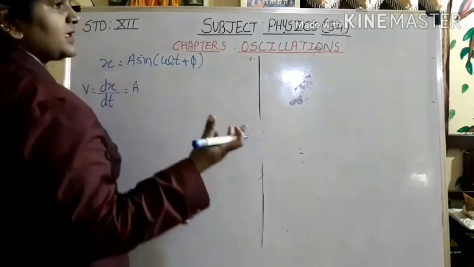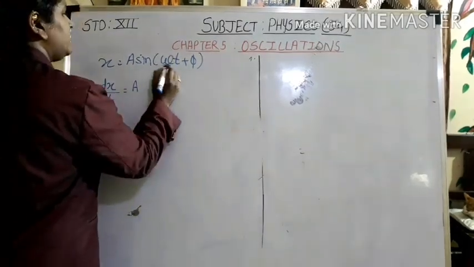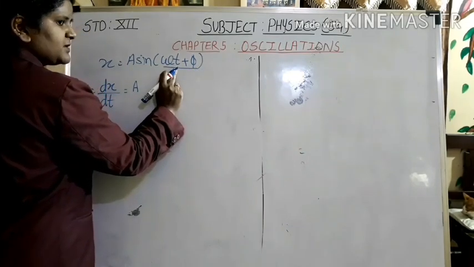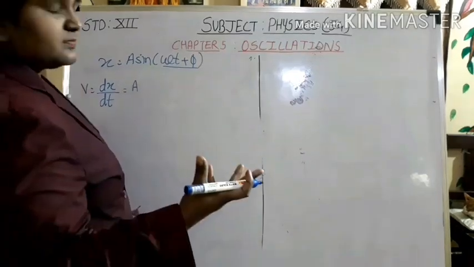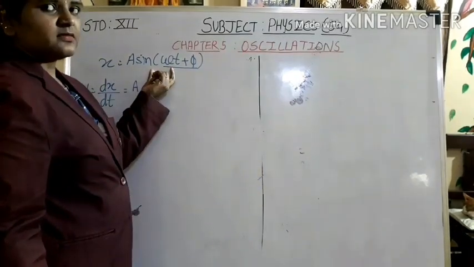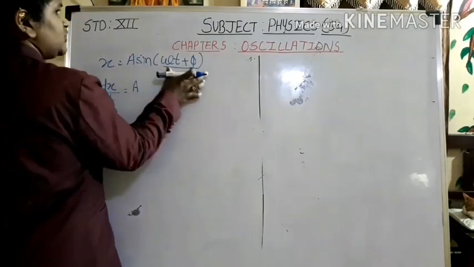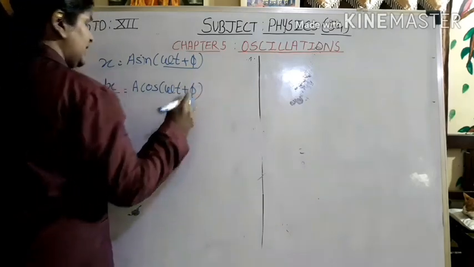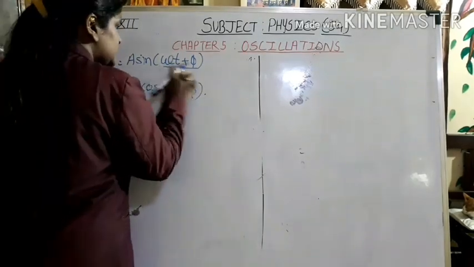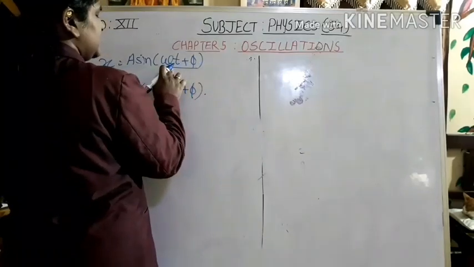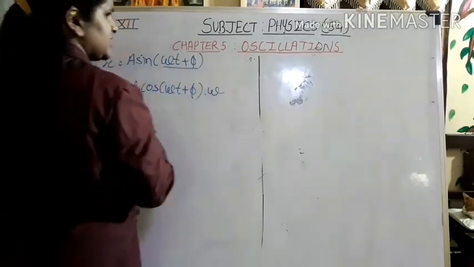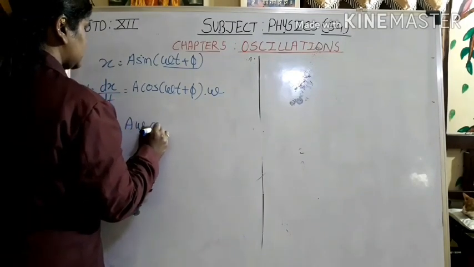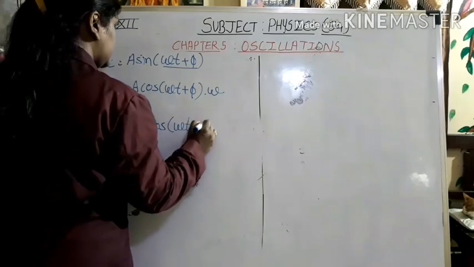The derivative of sin theta is cos theta, and it should be multiplied by the derivative of this term also, because it is called the chain rule, since it has 2 terms in a line. So this sine of angle becomes cos of omega t plus phi into the derivative of this term. As phi is 0, the derivative of omega t will be omega itself. So you are getting v as a omega cos omega t plus phi.